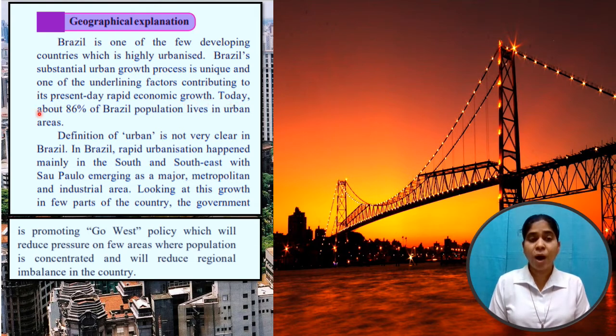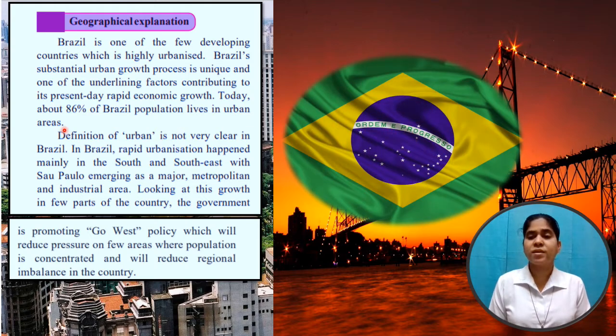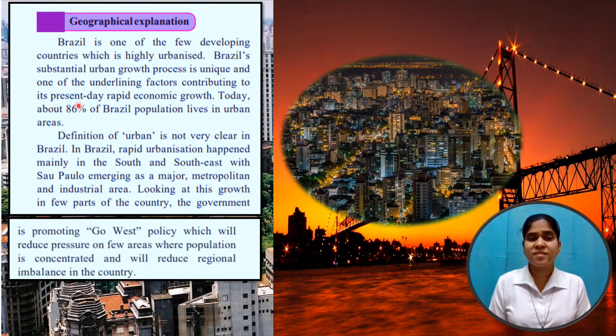Today, about 86% of Brazil's population lives in urban areas. Brazil has made great progress with urbanization. Its growth has been quite different, and this attribute has helped Brazil in the economic development of the country. During the present times, around 86% of the people live in the cities.